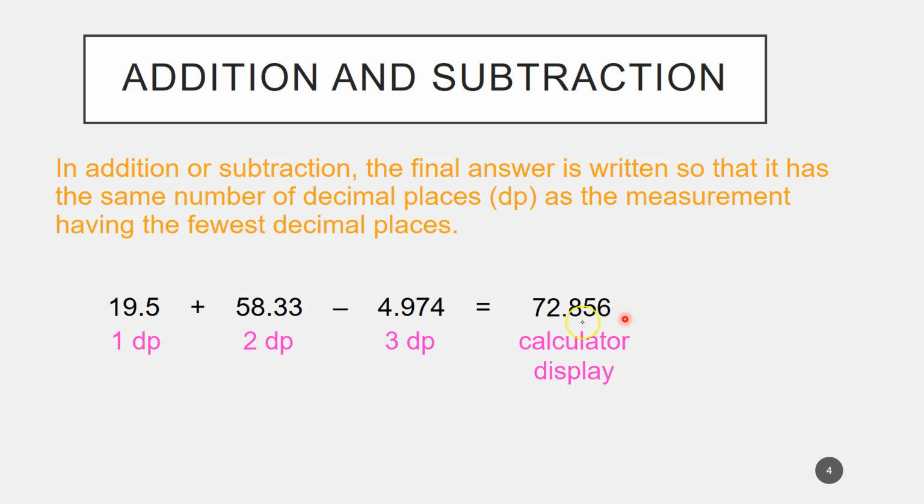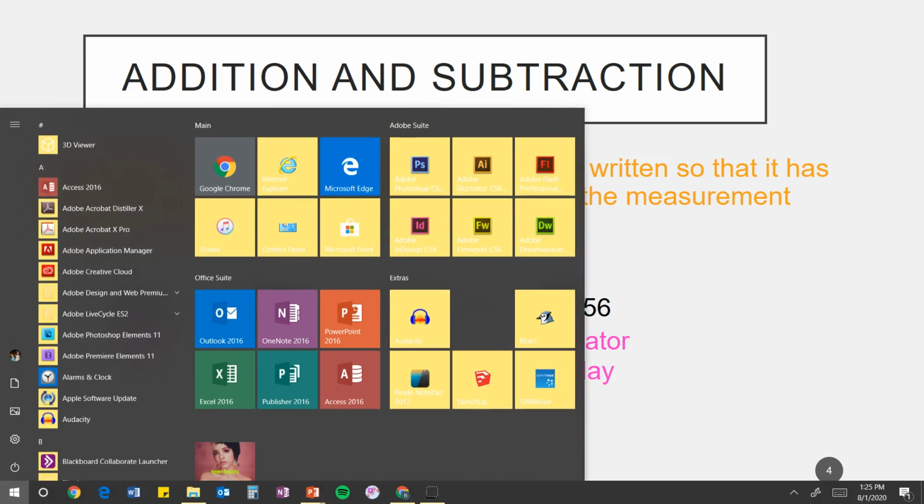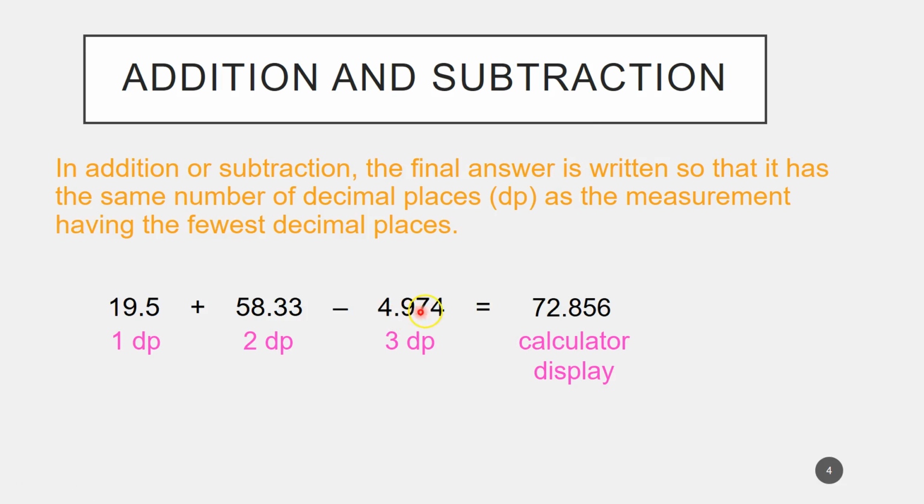So what I'm going to do is go back to my operation and look at these measured values and see how many decimal places they have. 19.5 has one number after the decimal point, so it has one decimal place. 58.33 has two decimal places. 4.974 has three decimal places.